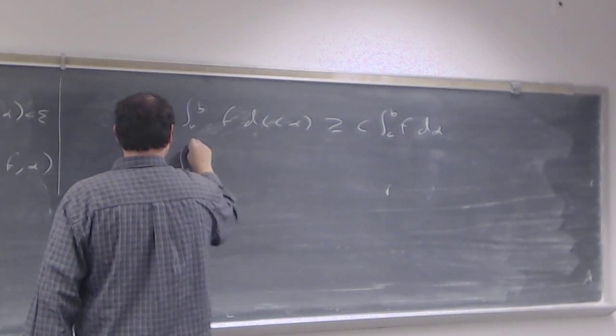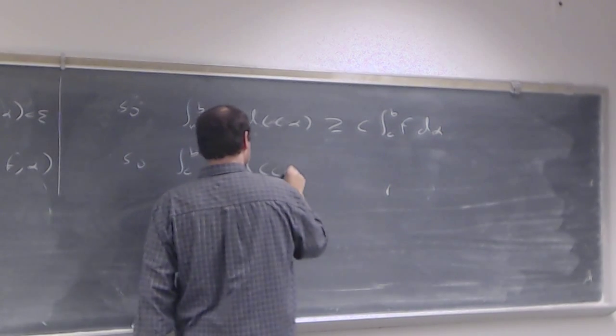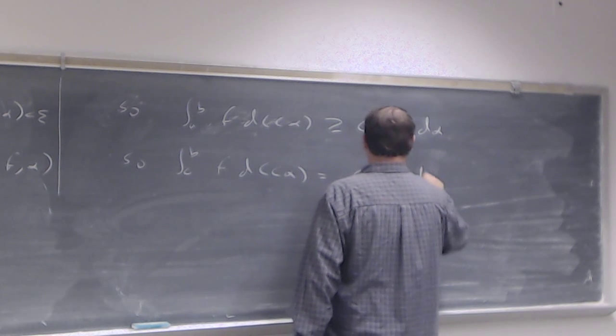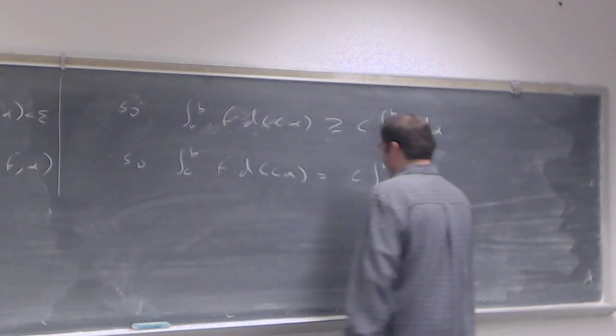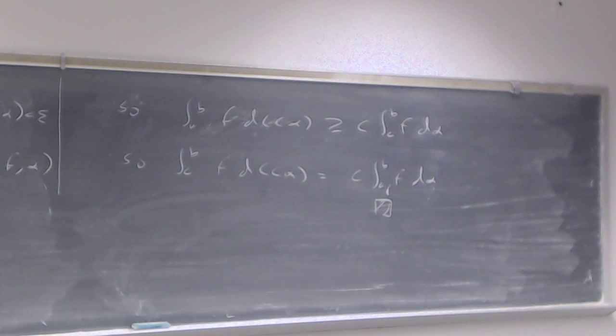So combining the two inequalities, the integral from A to B of F d C alpha is equal to C times the integral from A to B of F d alpha. That ends this theorem and also ends this lecture. Thank you very much for your time and patience.